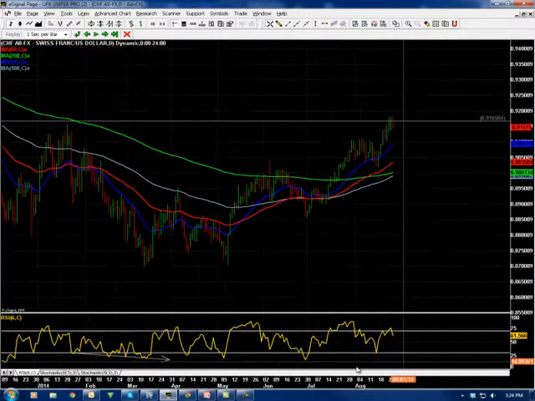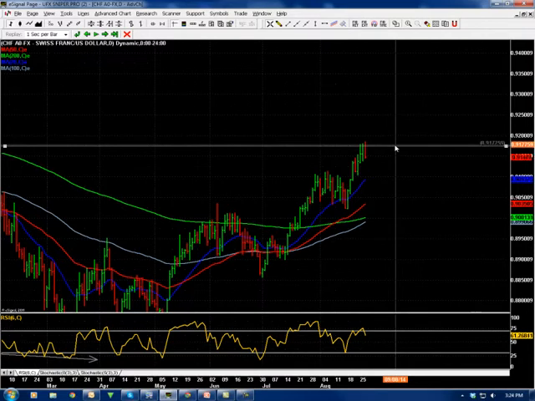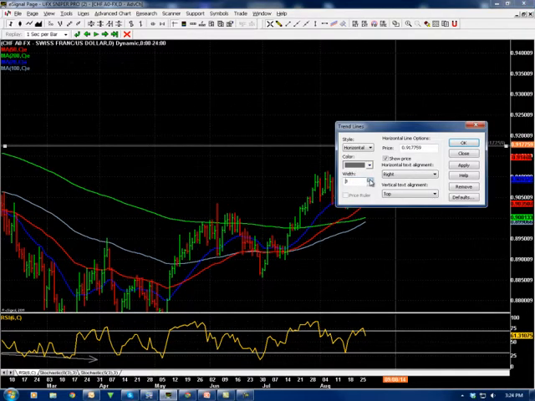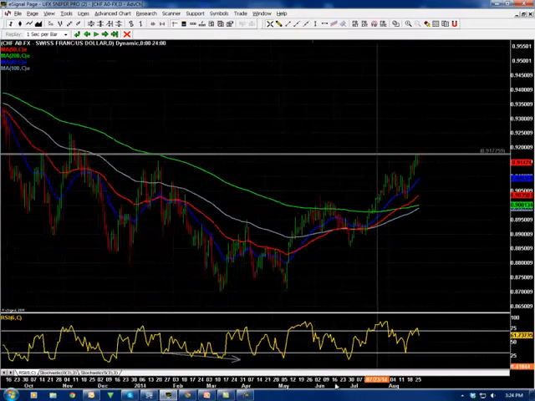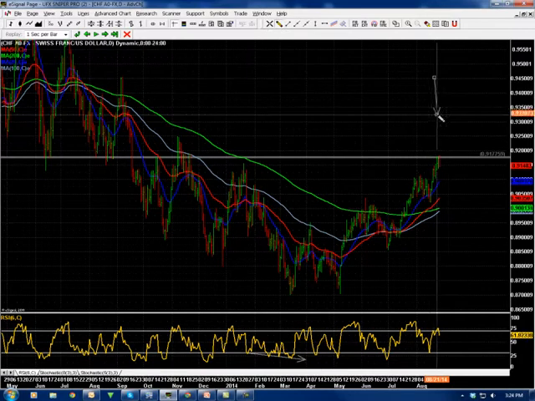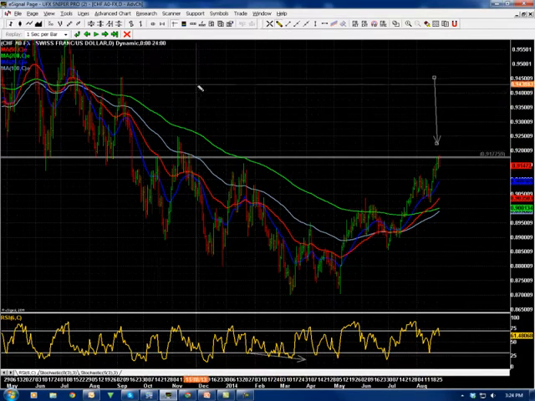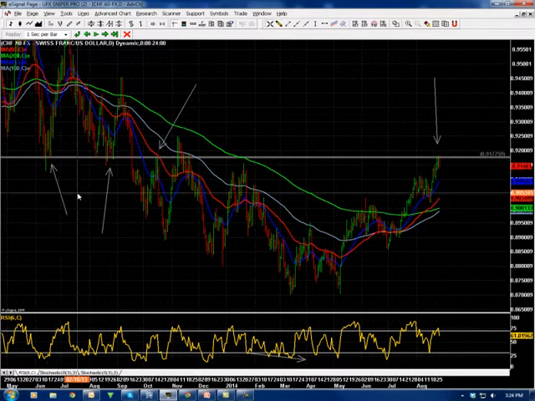Sorry, just make it accurate. So that's a level of resistance at the top, another level of resistance, level of support, level of support.